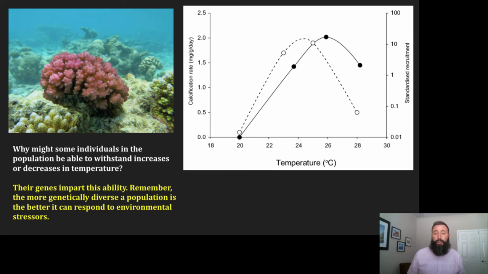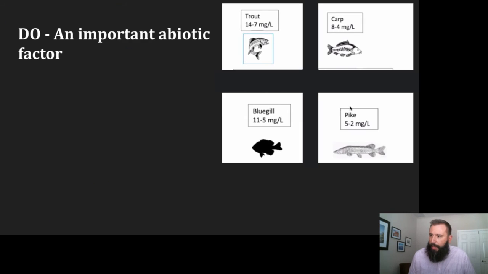Then about 10 years later, we start to see an uptick in ocean temperatures. Because we've already decreased the genetic diversity, we've decreased the number of individuals that would be able to withstand those higher temperatures. So if we decrease those individuals, we decrease the ability of this colony to rebound and bounce back from that stressor.